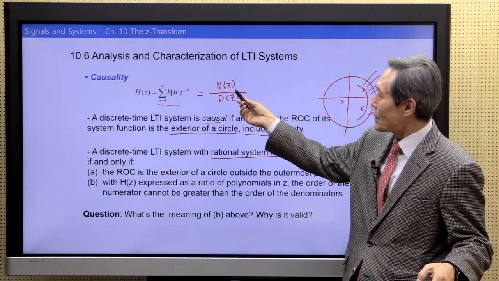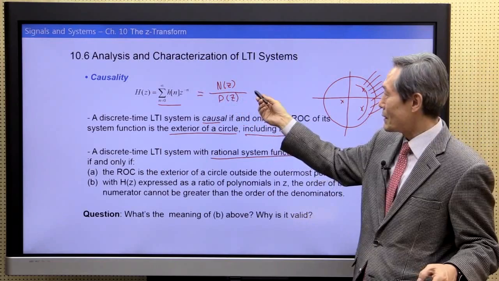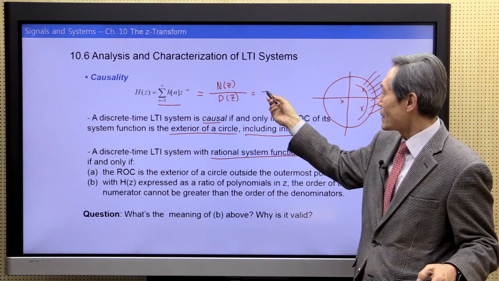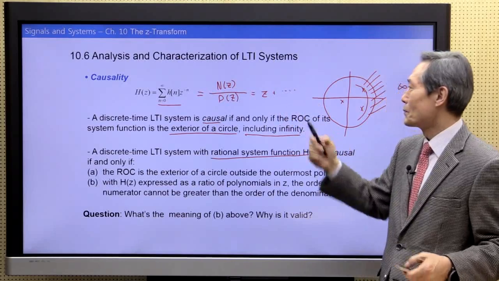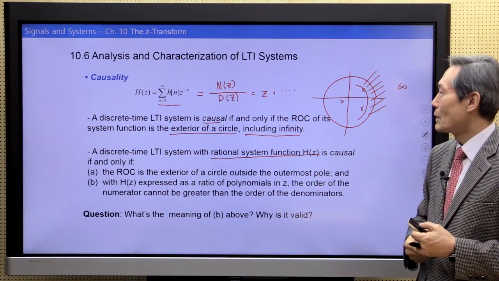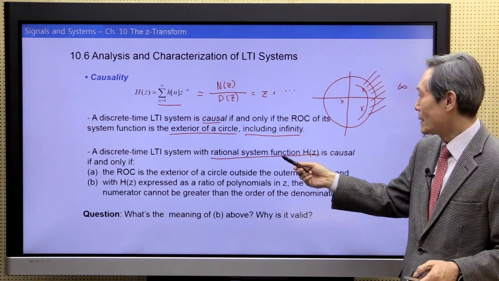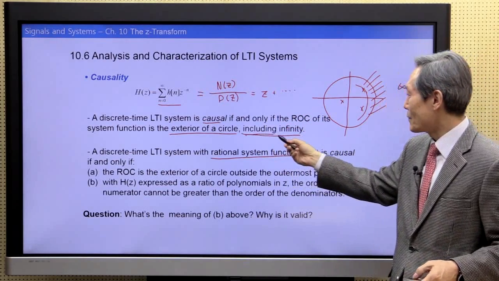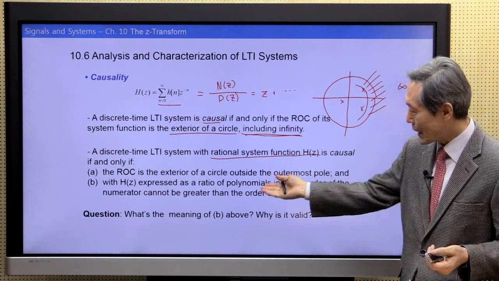If the order of the numerator is higher than the denominator, it can include a term z to a positive power, and that means there is a pole at infinity. So the region of convergence cannot include infinity. That's why we have that condition.